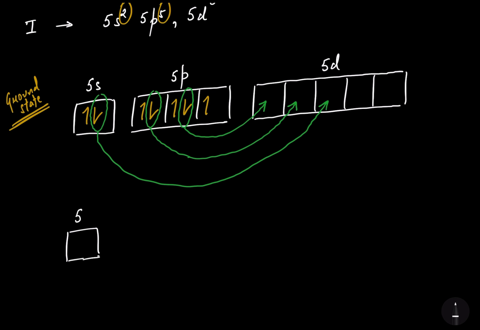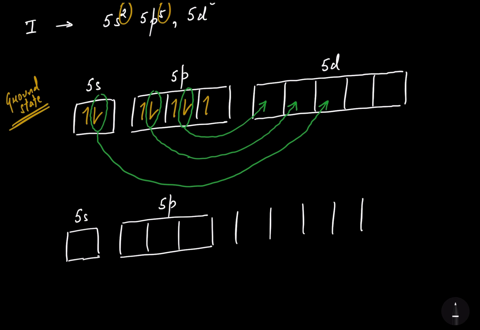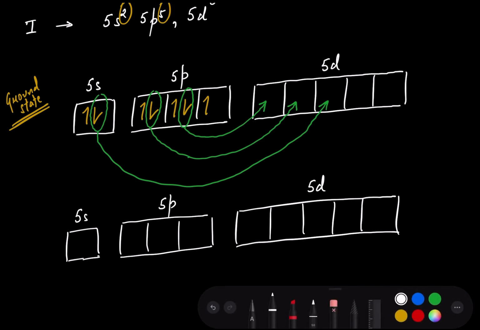First of all, that's the 5s. That's 5p, 3 degenerate orbitals of 5p, and these are the 5 degenerate orbitals of 5d. In 5p we got the 3 degenerate orbitals, in 5d we have the 5 degenerate orbitals. So now let's fill the electrons.